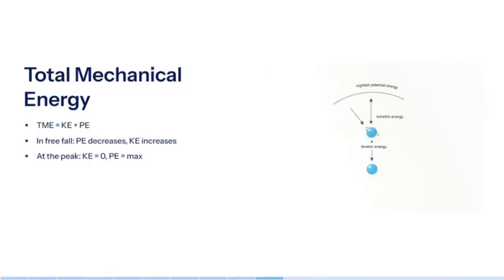At that point where you are holding your key, that is the highest point the key got to. The potential energy is at the maximum value. But as the thing starts dropping, the potential energy starts reducing, while the kinetic energy starts increasing.